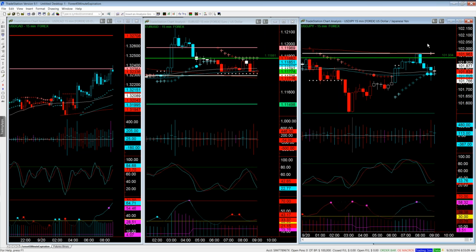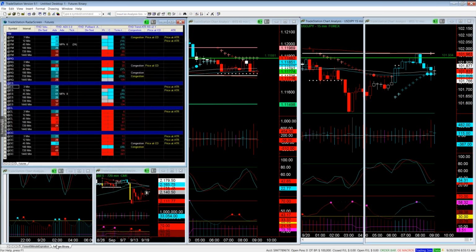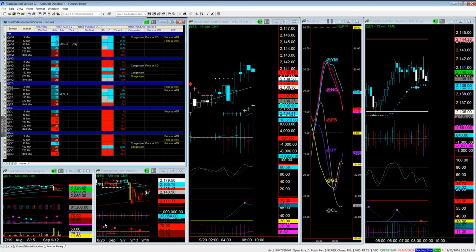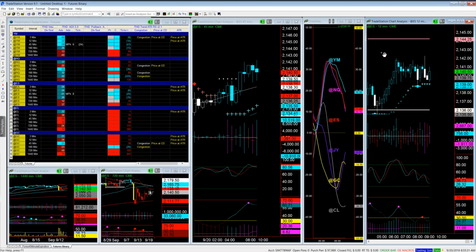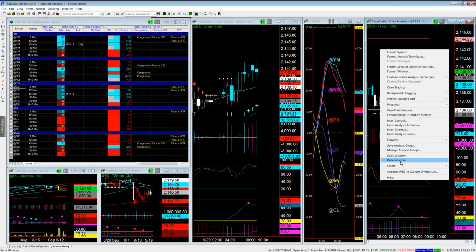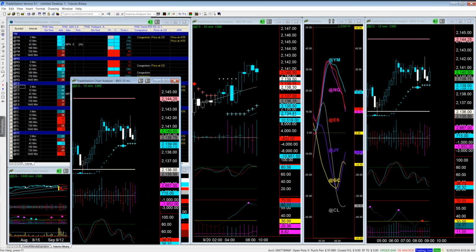That's the current strike price that we're in on the USDJPY. I'm going to copy this window and paste it.